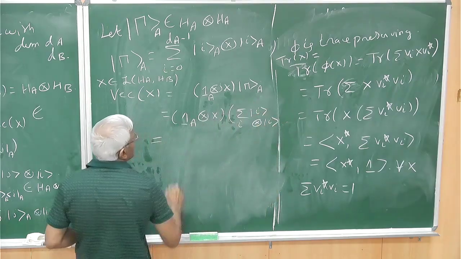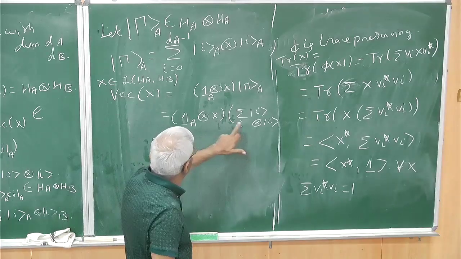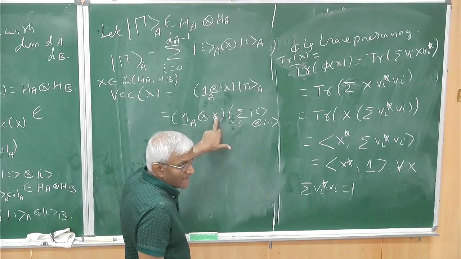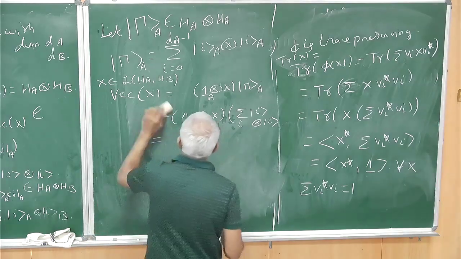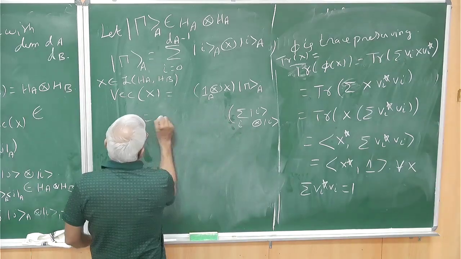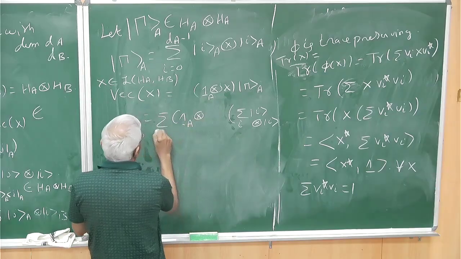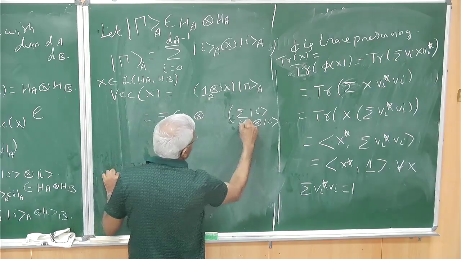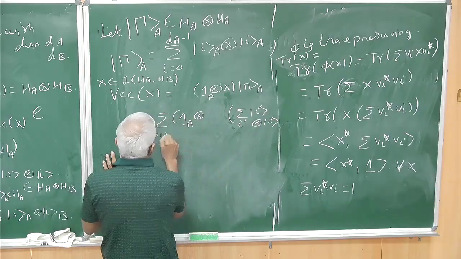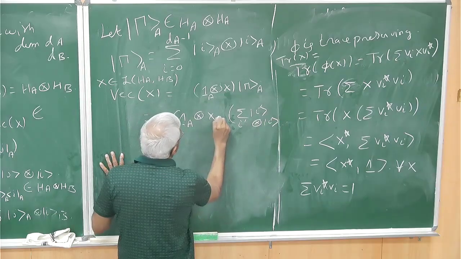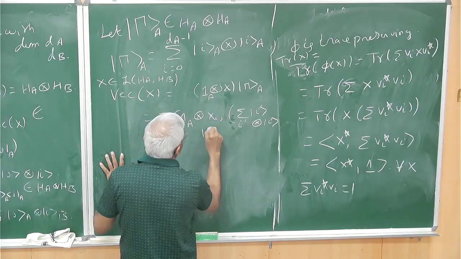Now X is going to be Xij, and you can write the X also like that, equal to the summation of 1A tensor, and here I call it i prime, this is i and j. Then there is going to be Xij times |i><j|.